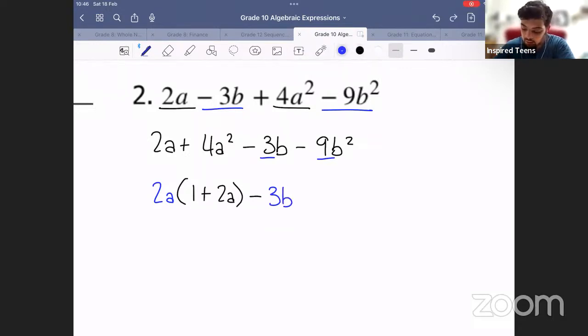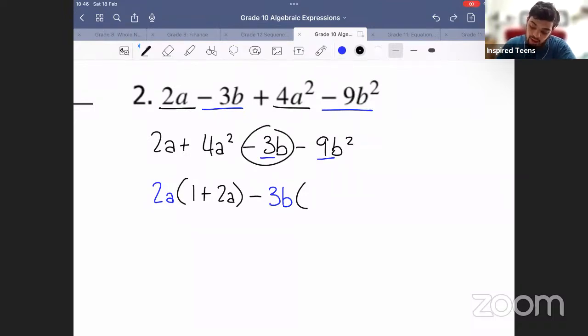Because we want to take the lowest power. So in this case, I am taking a common factor of negative 3b. You could also technically take out positive, but we're just keeping that sign the same. But you need to remember you're taking a common factor of negative 3b, so you are dividing each term by negative 3b.